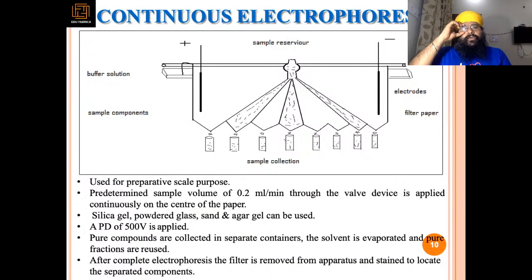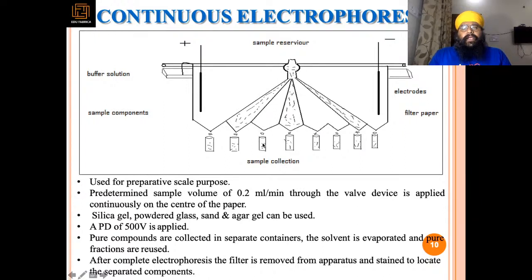Then comes continuous electrophoresis, in which you also have a positive and negative end. The sample is put over the top and separated in a zigzag shape, and the sample is collected in various test tubes.